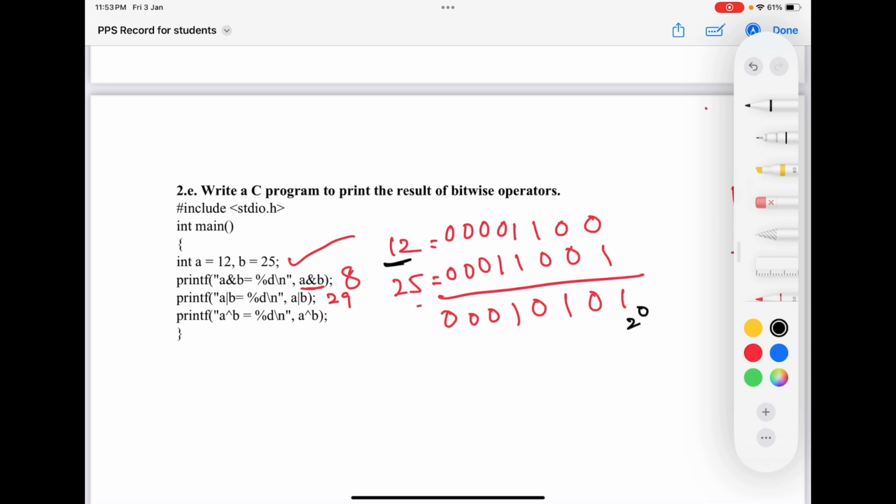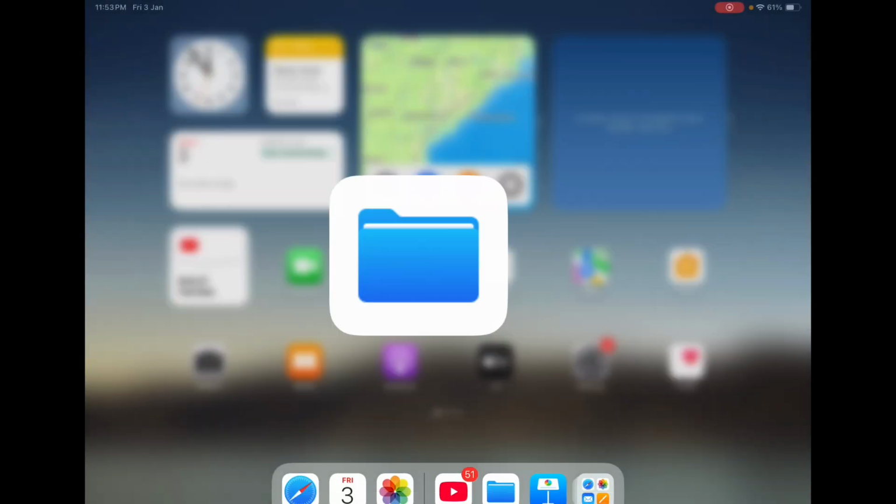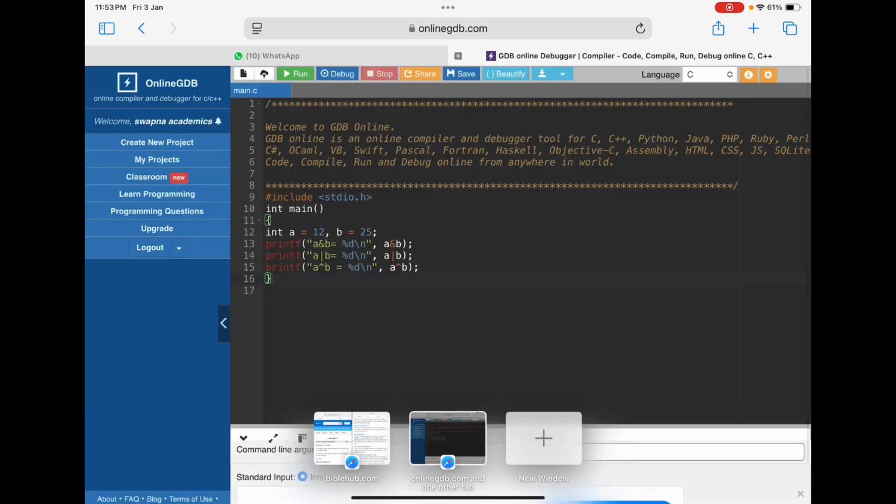Now let's verify: 2 power 0, 2 power 1, 2 square, 2 cube, 2 power 4. 16 plus 4 plus 1, 21. Let's experiment with this. For these input values, A and B should give 8, A or B 29, and A XOR B 21. Now we'll execute this program and check.